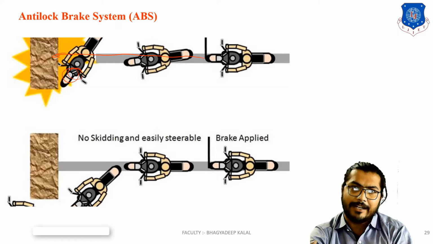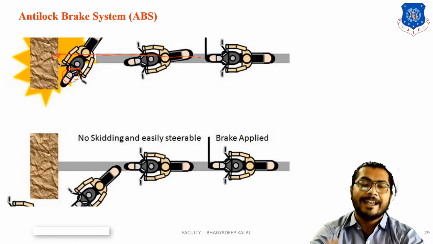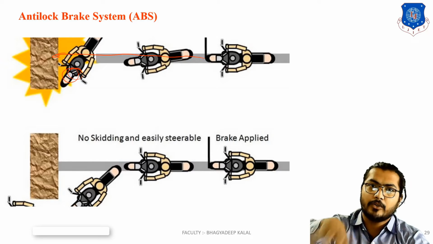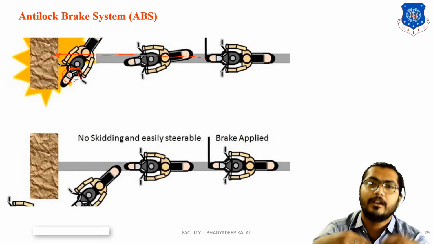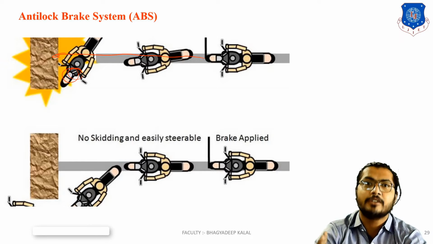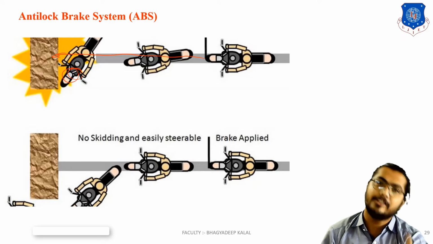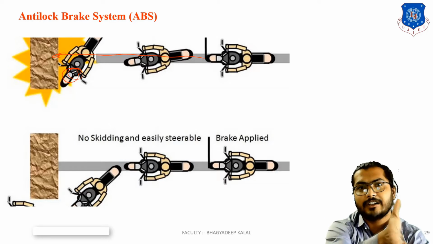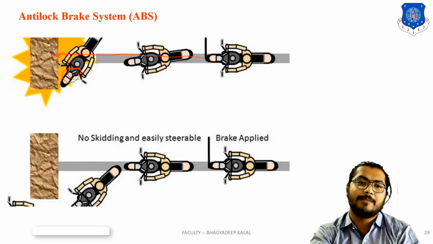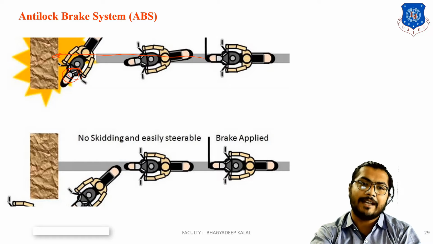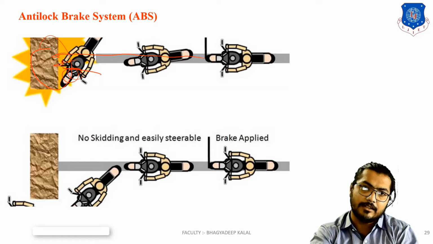When you apply the brake, the wheel rotation is locked, so the tire slips, because the wheel's angular velocity omega is 0 while the translational velocity is still there.